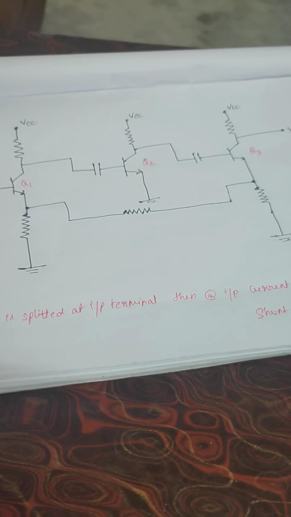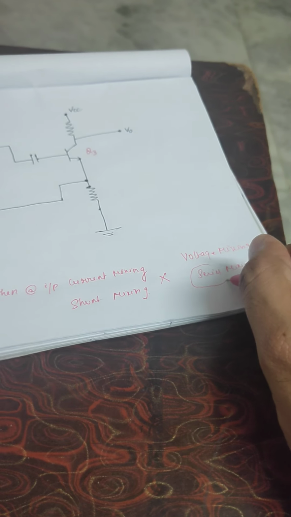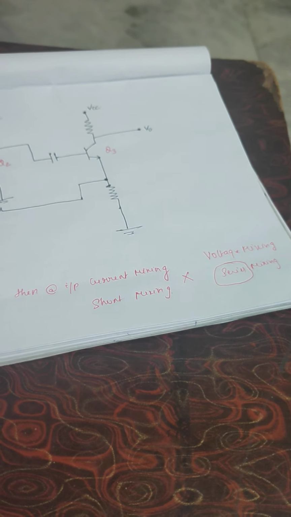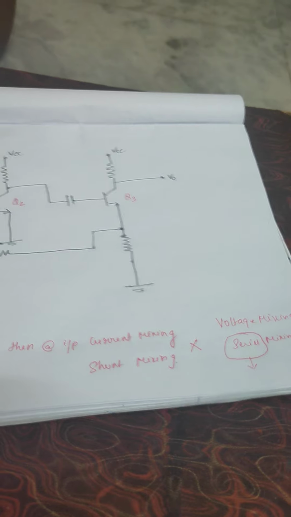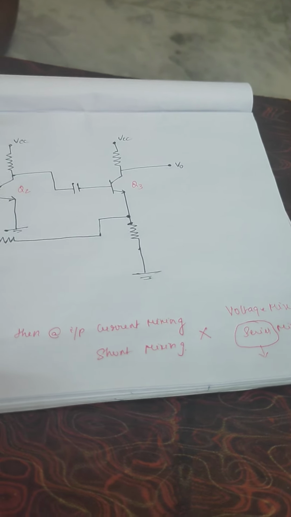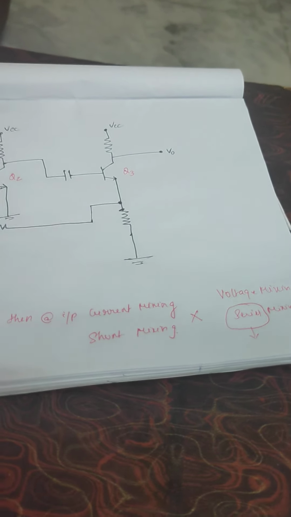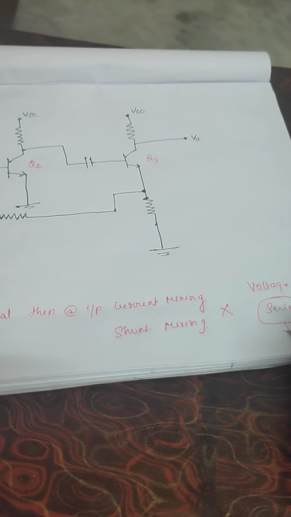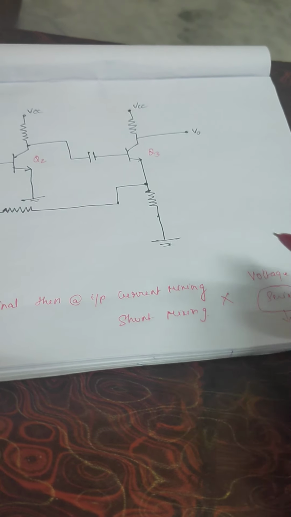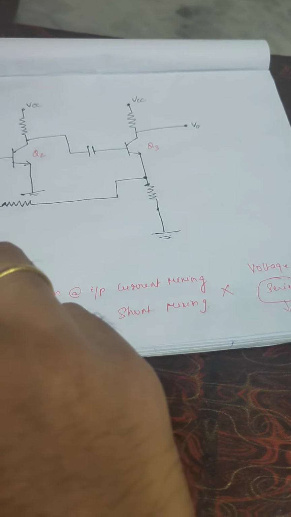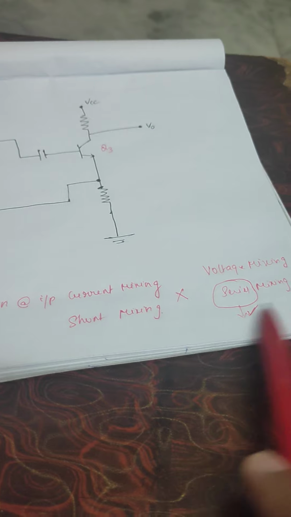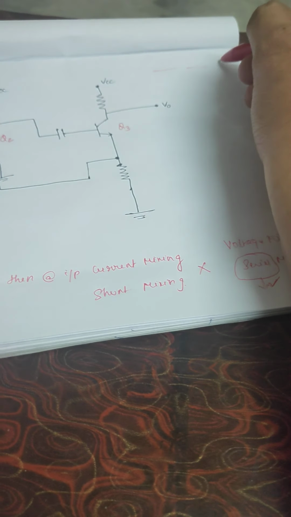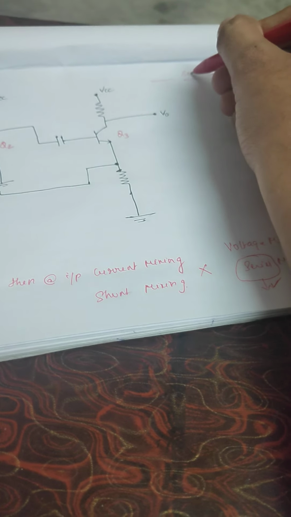So this term, series mixing, is the second term of the feedback. We pretty well know that the terms are like voltage series, voltage shunt, current series or current shunt, right? Among those, the second term is confirmed now. It is series mixing, because as current mixing is not there, voltage mixing will be there. Voltage mixing is also called series mixing. Hence we can easily say that the second term of the feedback is series.